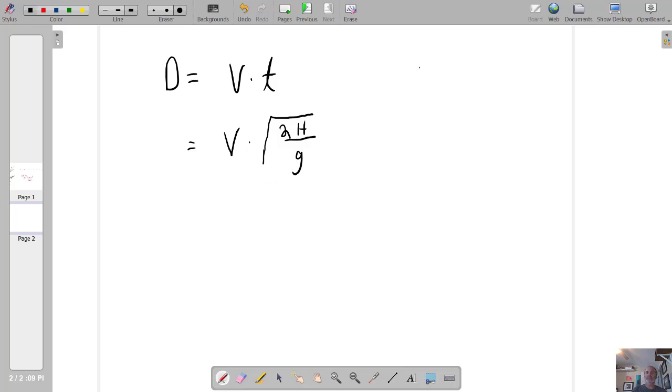But now what is d if you were to do 1/2 h and 2v0? Then the equation would just be a little bit different. It would be d is equal to 2v0 times the square root of 2 times h over 2 over g.